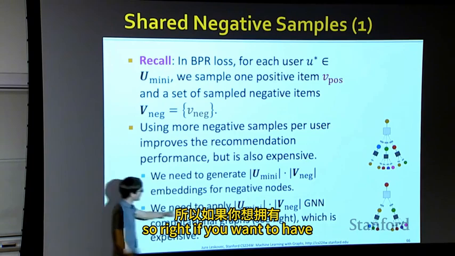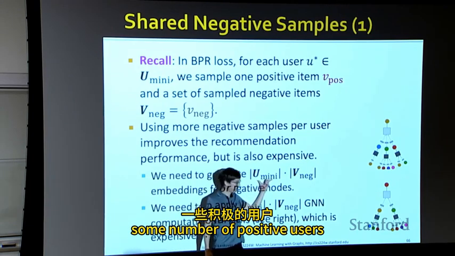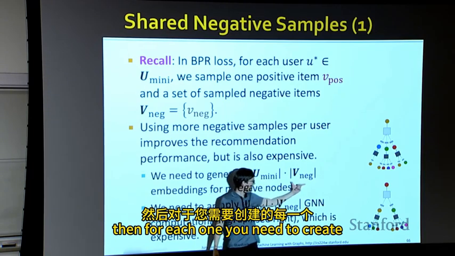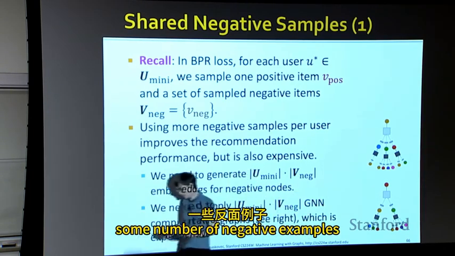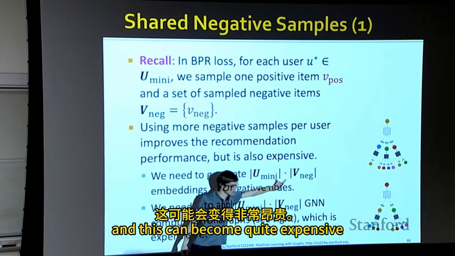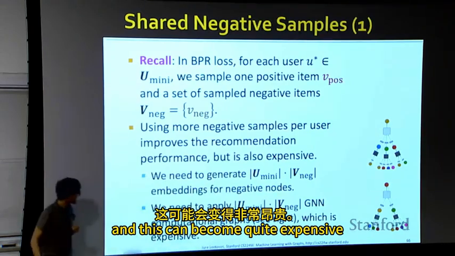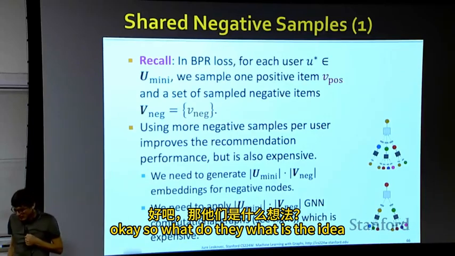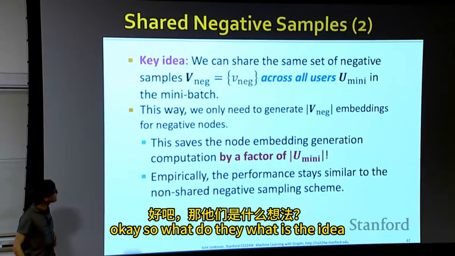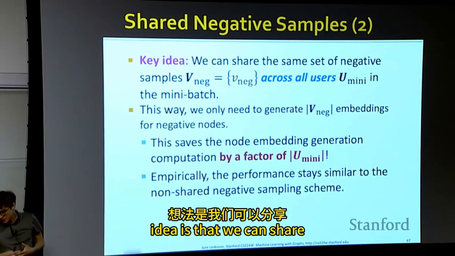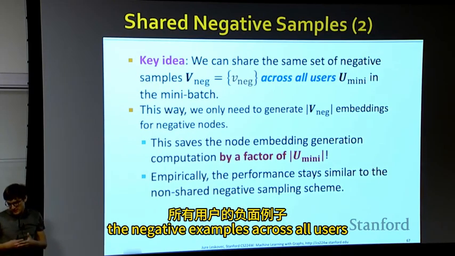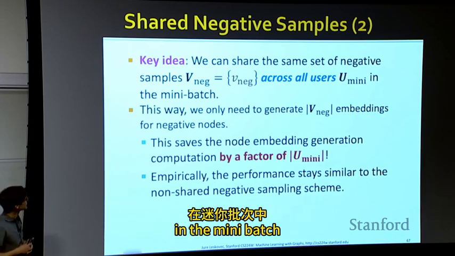So if you want to have some number of positive users, then for each one you need to create some number of negative examples, and this can become quite expensive. Okay? So what is the idea? The idea is that we can share the negative examples across all users in the mini batch.